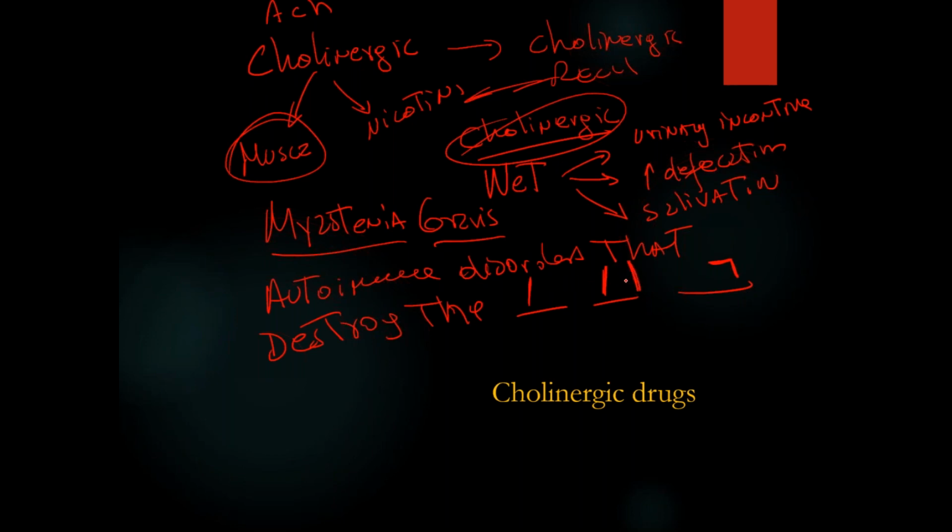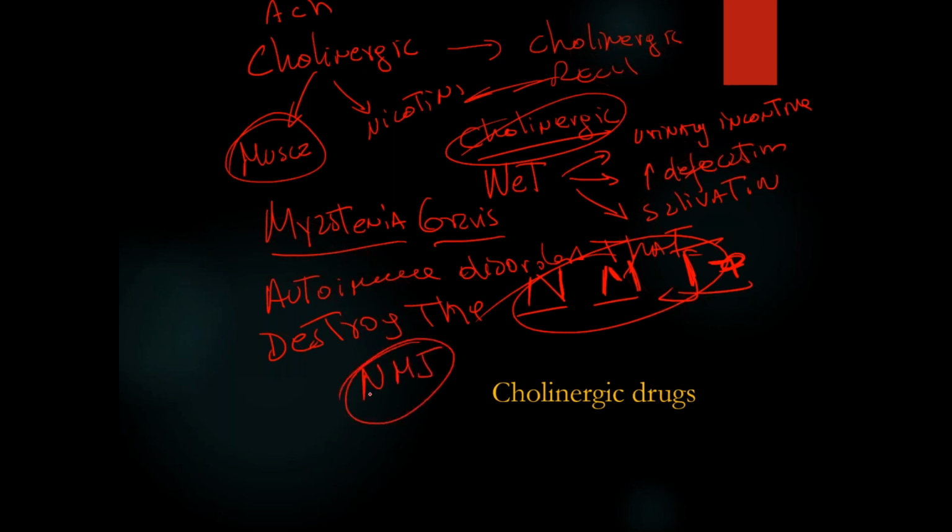It destroys the nicotinic acetylcholine receptors at the NMJ, the neuromuscular junction. That is going to be destroyed by myasthenia gravis.